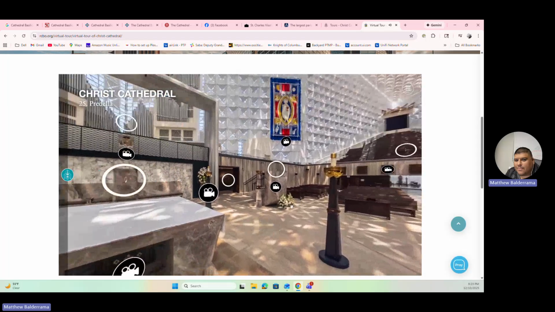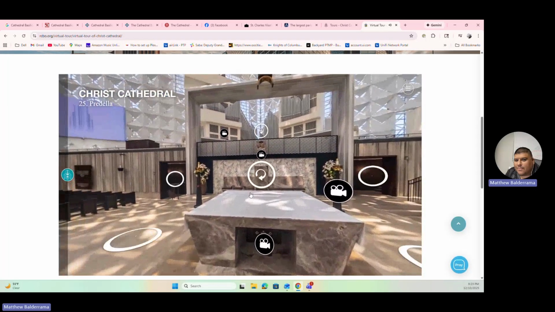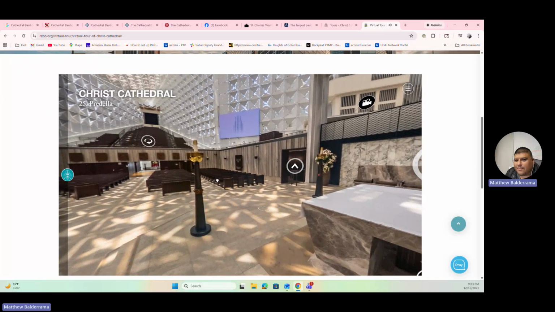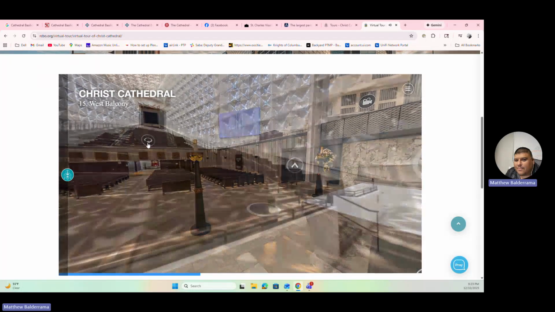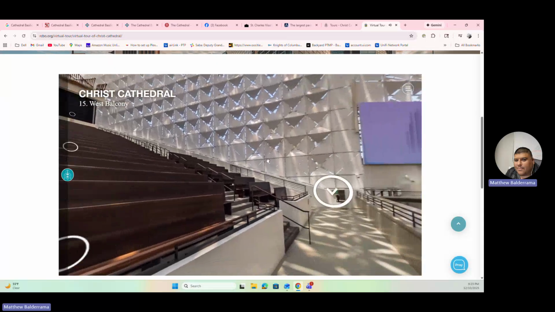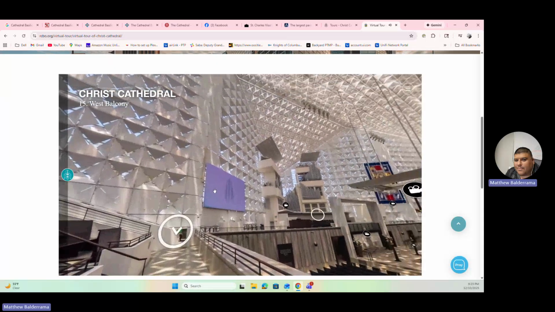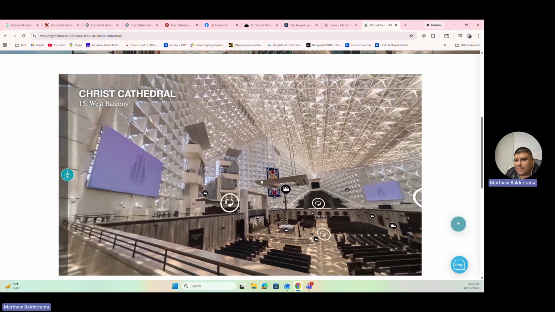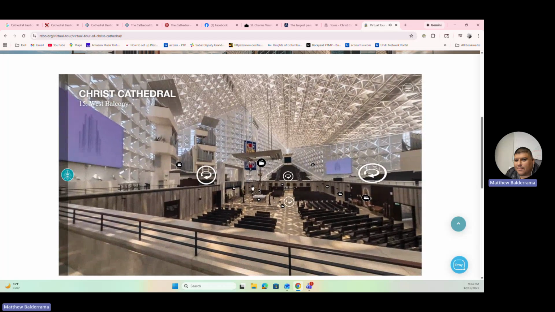Hopefully you can see it, but seeing where the altar is, and then they talk about the tons of renovation that truly had to be done to make sure that even though it is modern, as you can tell, completely different than what we're used to, it keeps the same touches that needed to be in there to be consistent, to be utilized for our Mass. When you're walking and seeing the altar still in the center, they have some little video things. I don't know what they are, so check it out.